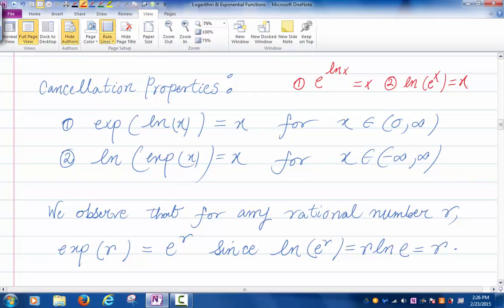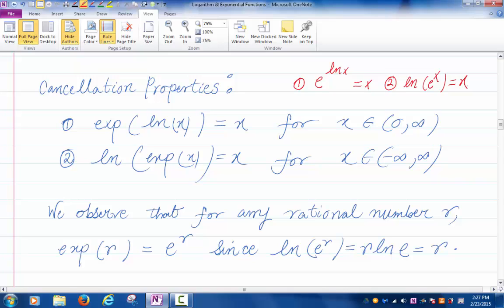Am I making sense? What am I doing? I'm basically writing exp in terms of e, right? I can do that now. E to the x and exp of x are the same. So I can write the cancellation properties in terms of e now, and they are written in red.